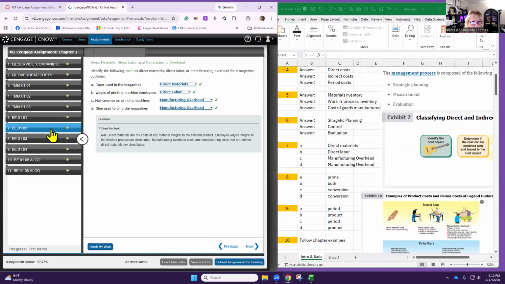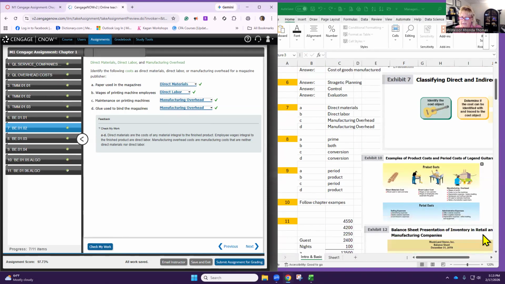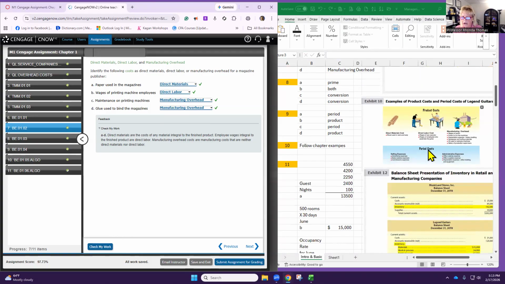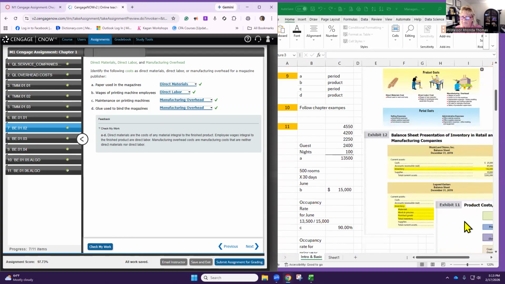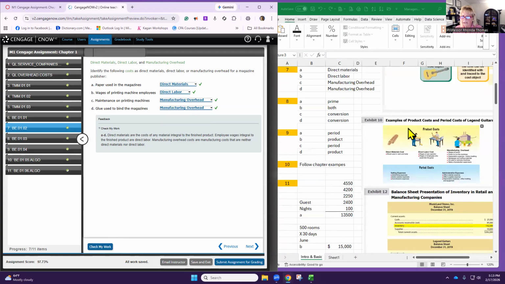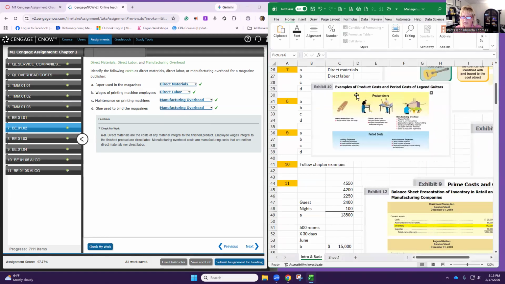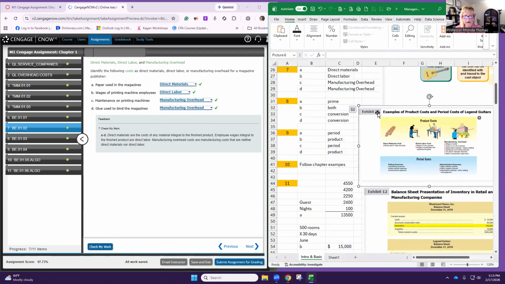Onward we go, number 7. Now we're going to break these up into direct materials, direct labor, or overhead costs. At least you know they are all product costs. So we can look at this one. If we're a magazine publisher, the paper is going to be direct materials.